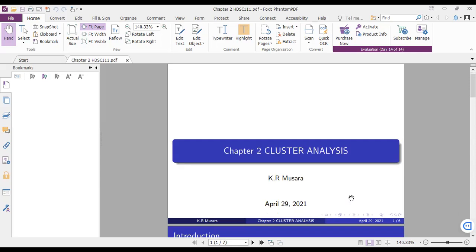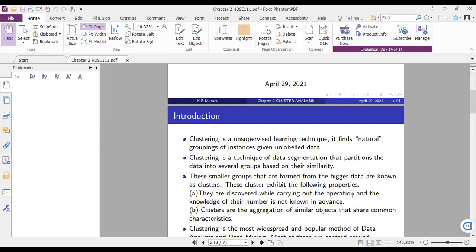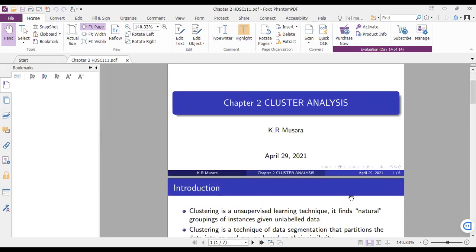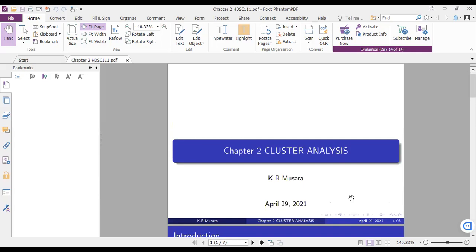By next week, this time, I'll be giving you an assignment on cluster analysis. I'll give you the expectations of the assignment. I want it to be more of a report style rather than a theoretical aspect.